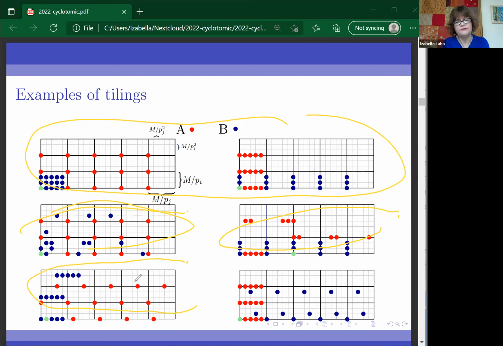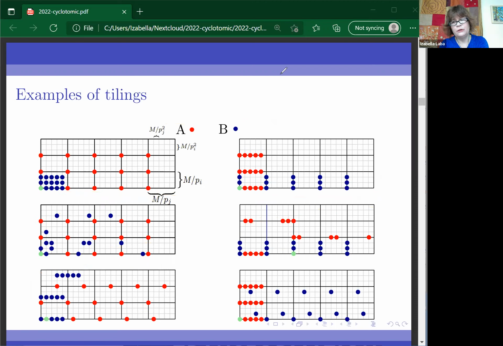Here we shifted part of A and part of B. And so if you do that and you try to look at what patterns come up, you can see that the more you mess up one of the sets, the more rigid the other one has to be. If your B is kind of all over the place, like in the picture here, then A actually has to be the lattice that we started with. And that's something that's important in our work. It's actually something that has to happen.